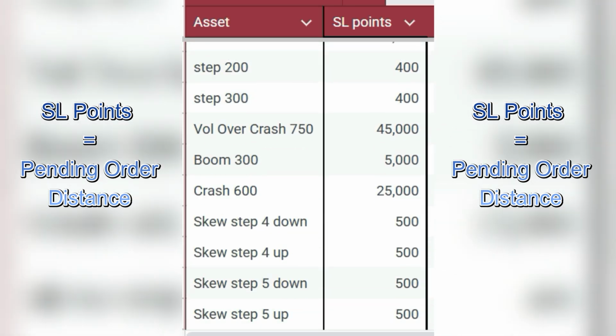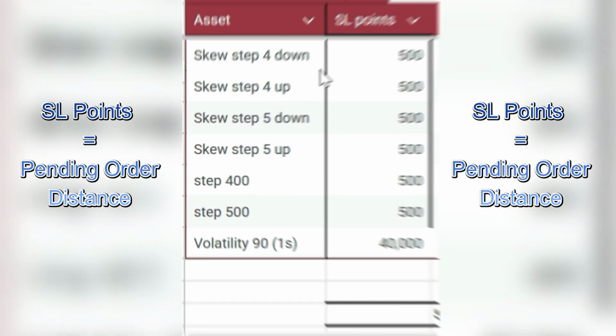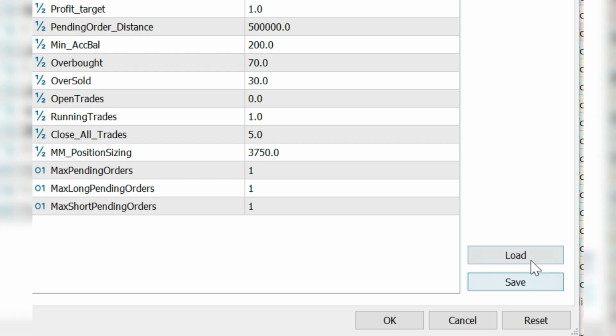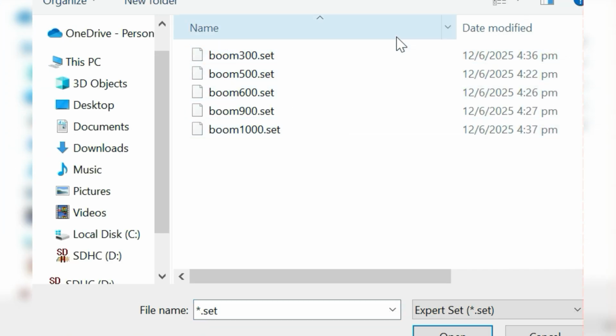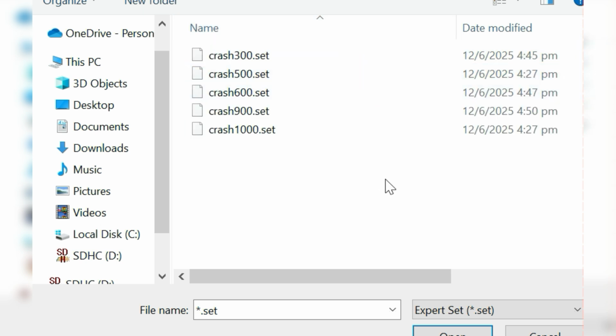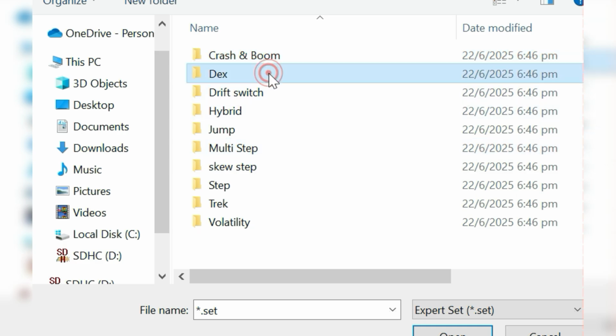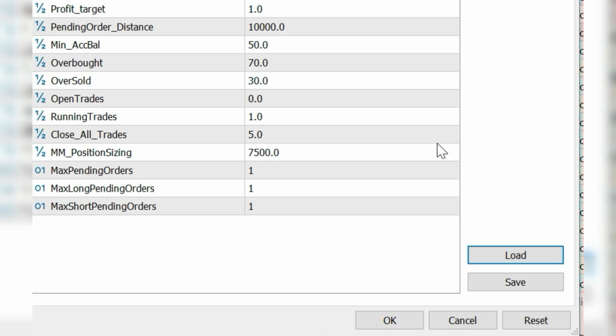So with that, all you need to do is load the software onto each chart and then select the respective preset for that asset, and boom, just like that, you've secured yourself a passive income. Just like most grid strategies, V75 Pro does not use a stop loss.